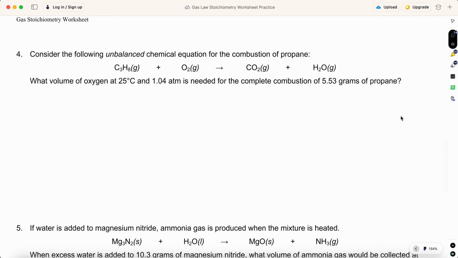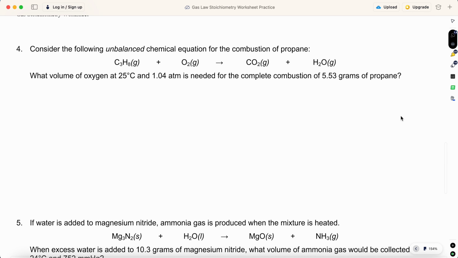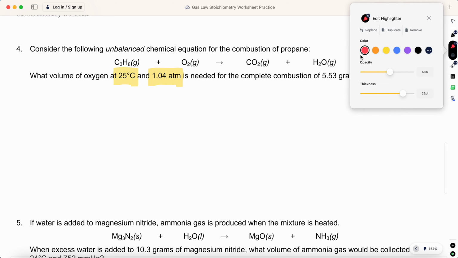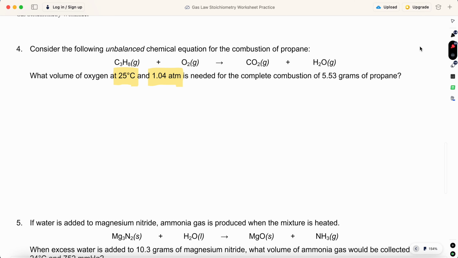So number 4 here is not an STP problem. You will know that the problem is not at STP when there is a given temperature and pressure in it. So first and foremost, we balance the equation. Consider the following unbalanced chemical equation for the combustion of propane.